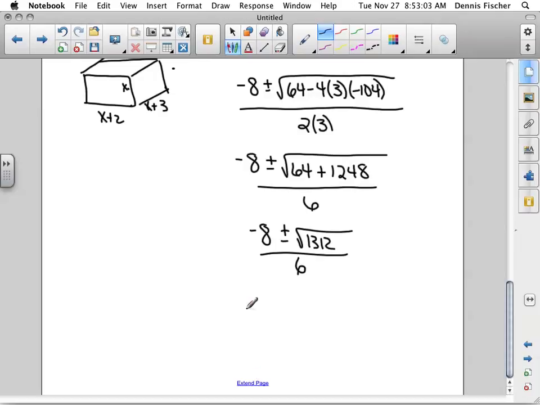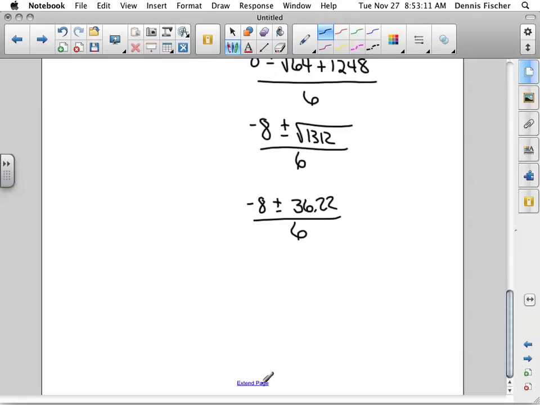36.22. So I have a negative 8 plus or minus 36.22 divided by 6, right? So I got negative 8 plus 36.22 over 6, and I got negative 8 minus 36.22 over 6.